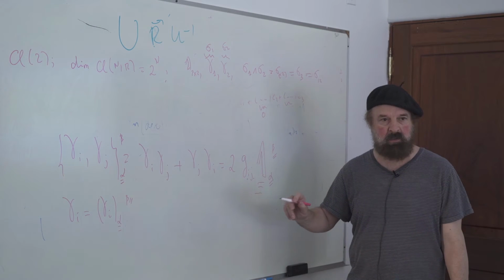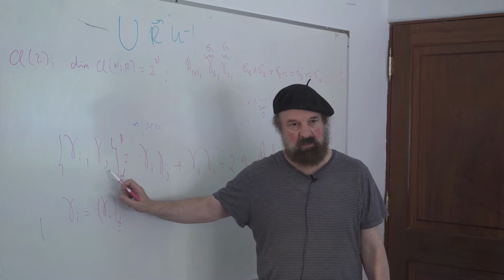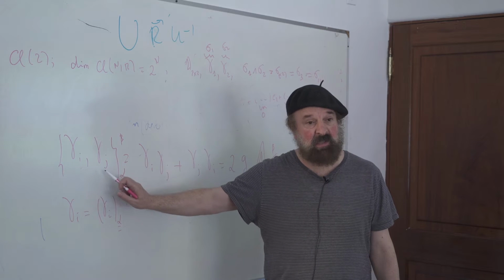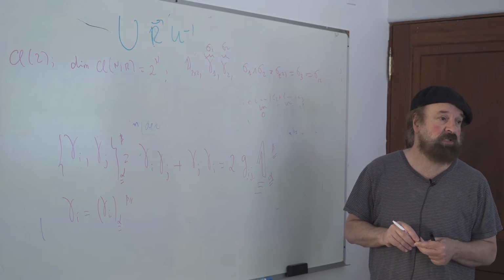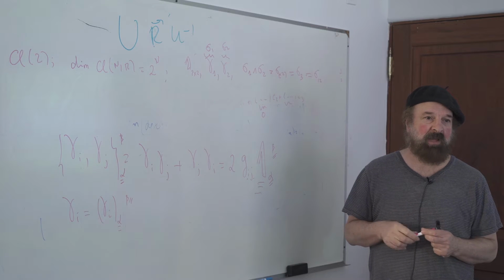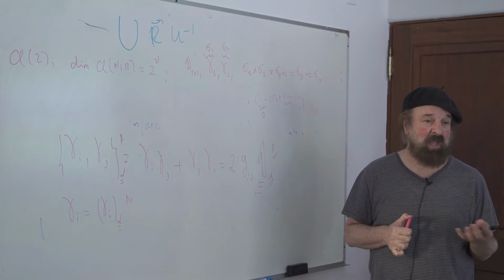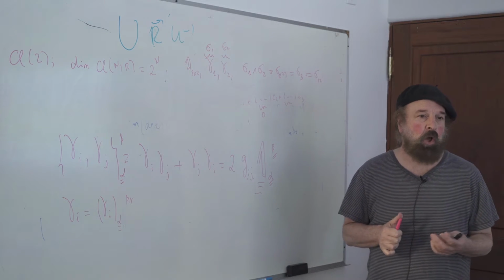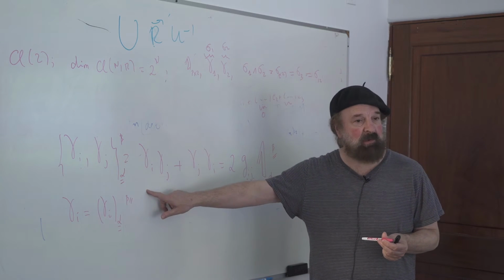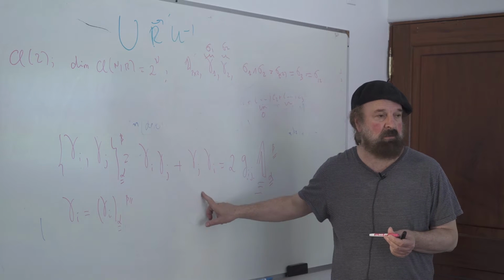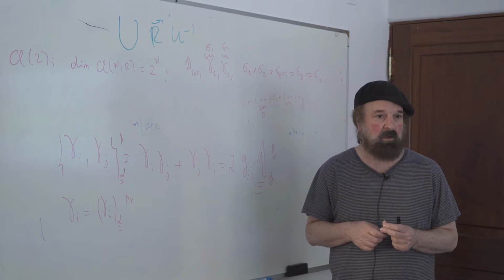The indices i, j label the generators, and alpha and beta label the entries of your matrix, okay? Somebody who is very good in Clifford algebras will not multiply matrices together. He will do this algebra in his head, automatically.